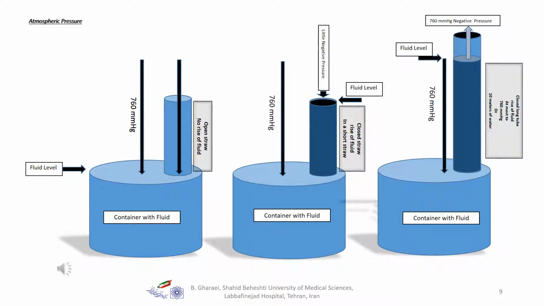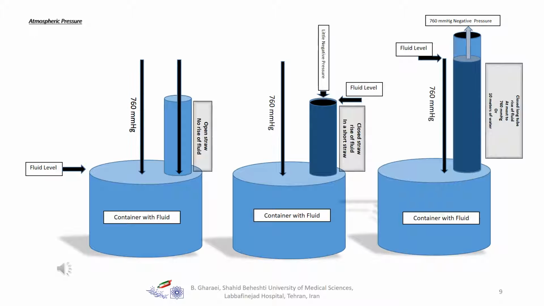It is a closed one and it is very long, and you bring it up more than 10 meters of water if the fluid in the container is water or tea, or more than 760 millimeters of mercury when the container contains some mercury.